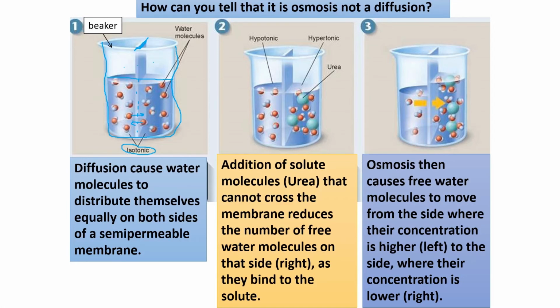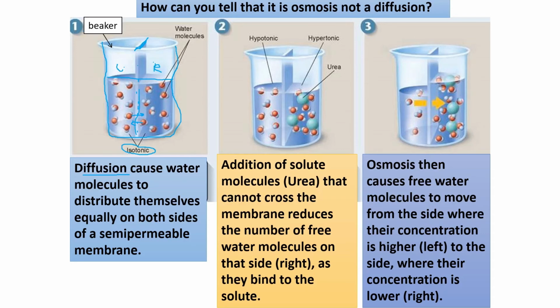We have water moving passively, the same from one side, from the left to the right, in the same amount. Nothing is changing. So this is diffusion of the water. Water just distributes itself equally on both sides of the semi-permeable membrane.